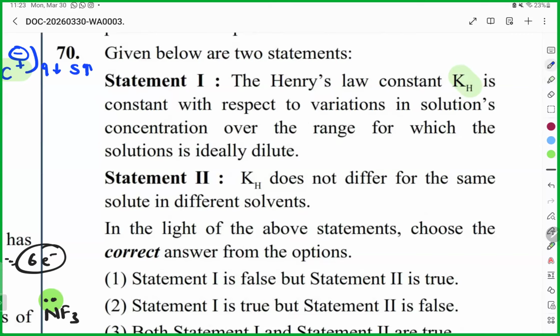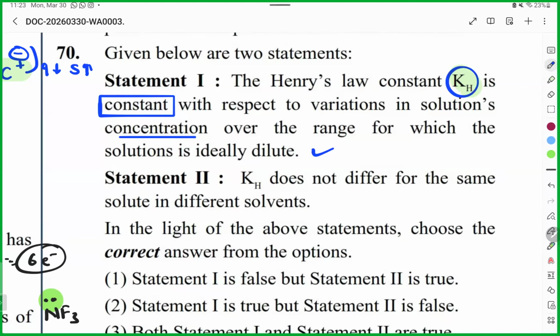This is correct. Henry's law KH is constant. Even if you change the concentration, it does not change because KH depends upon the temperature. It depends upon the nature of chemical and temperature, not on the concentration, right?